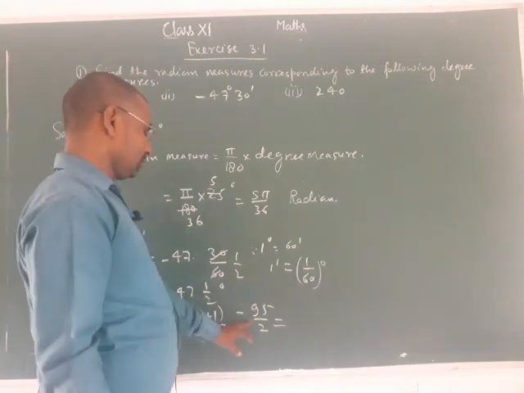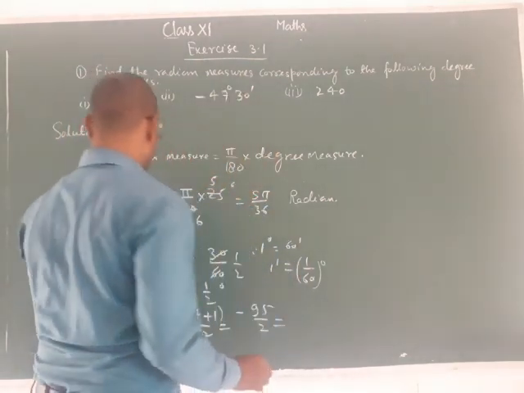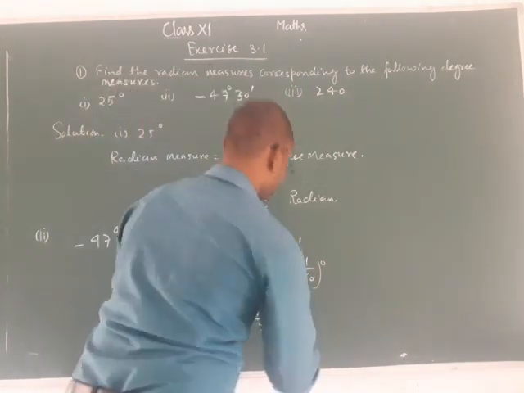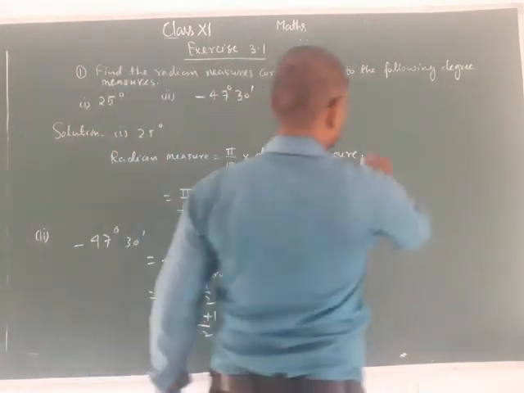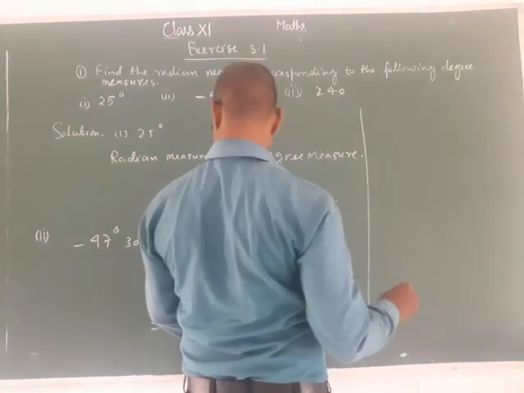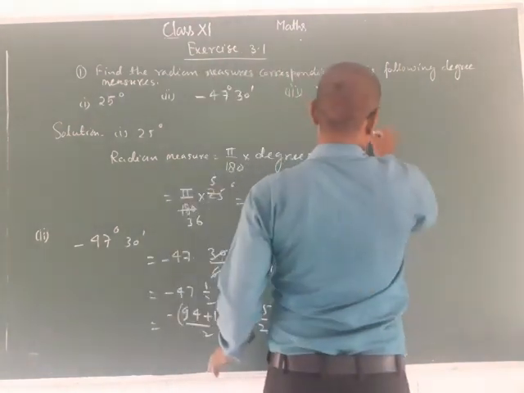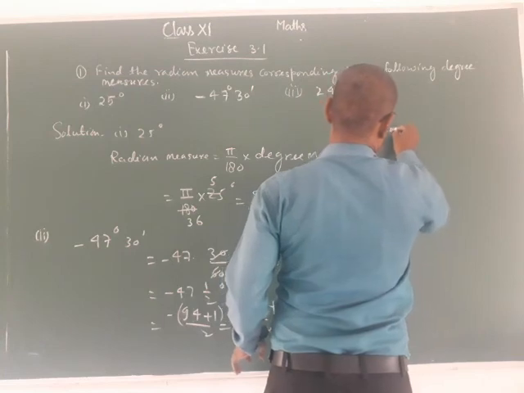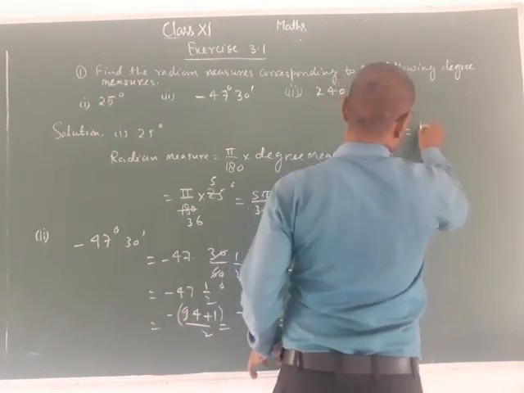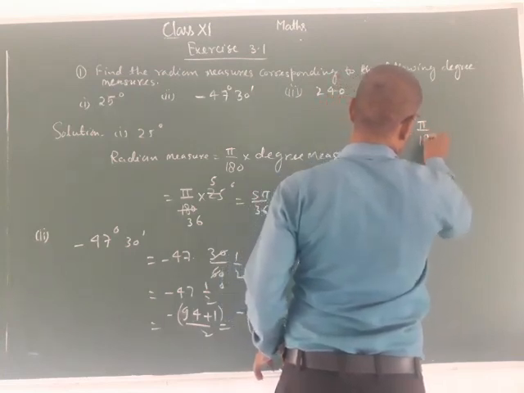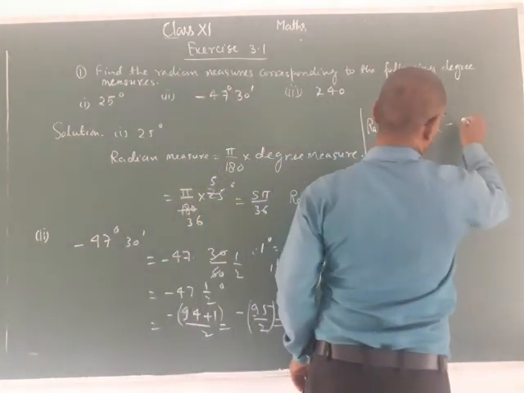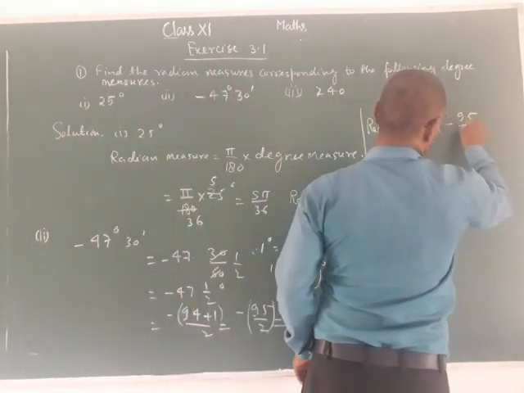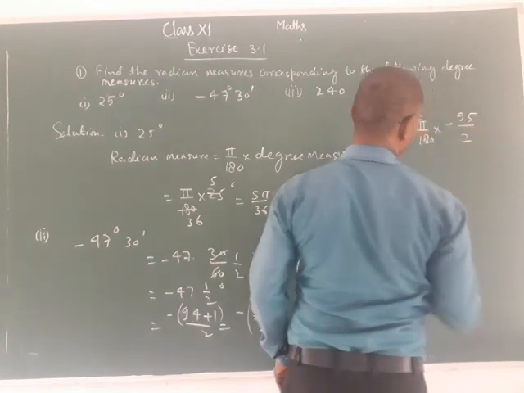Change into radian. So radian is equal to pi upon 180 multiplied by minus 95 divided by 2.